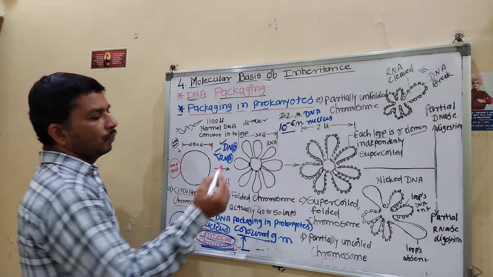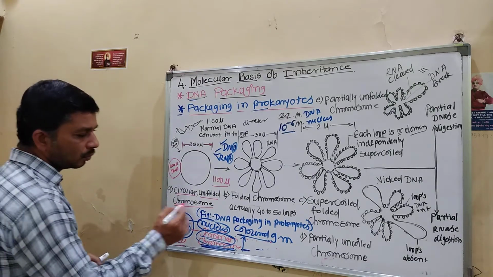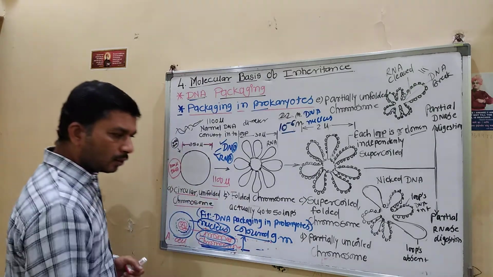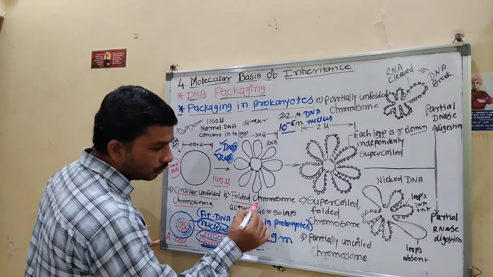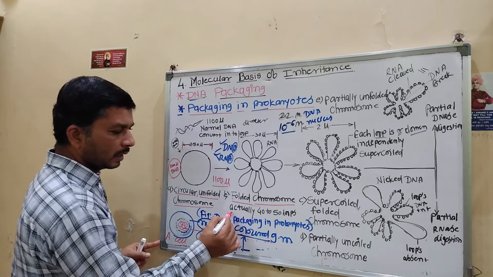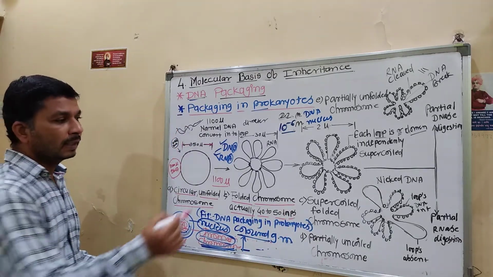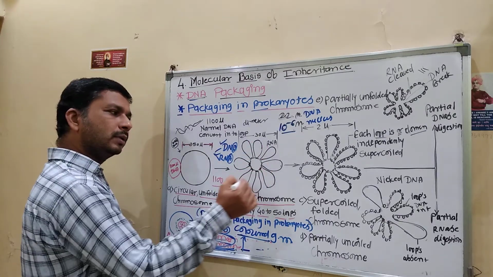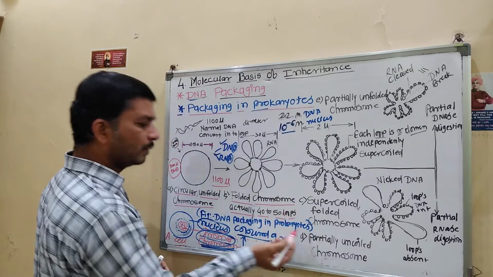For that, what do the chromosome or the chromatin material do? They fold, actually 40 to 50 loops. Here it is not possible to draw 40 to 50 loops.